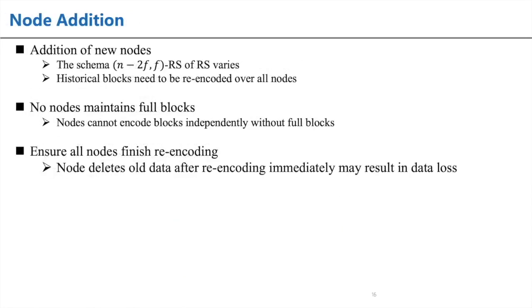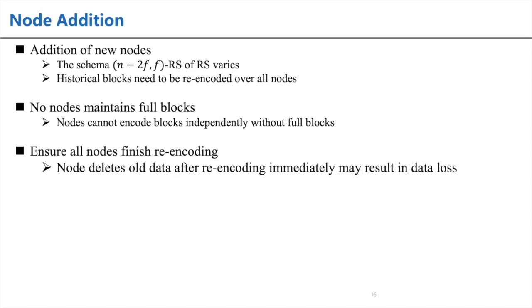With the addition of nodes, the schema of RS coding needs to be updated and historical blocks should be re-encoded. Since all blocks are partitioned over the network, none stores a full copy of the blockchain. Thereby, a node cannot encode blocks independently. In addition, it is difficult for a node to judge whether the progress of re-encoding on others is accomplished.